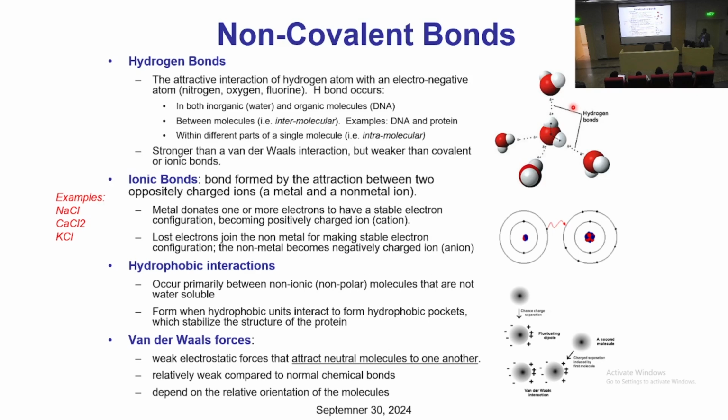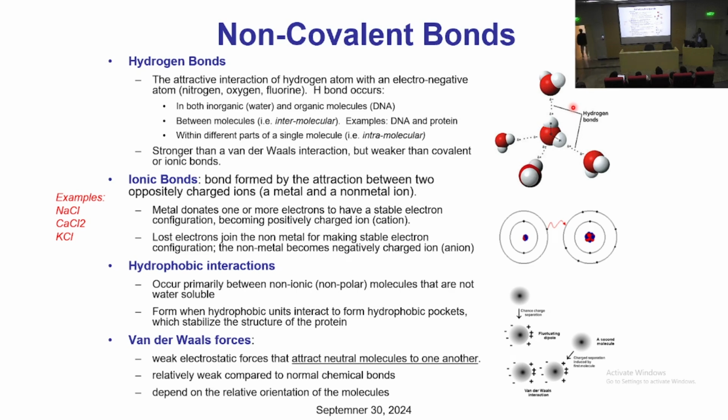The other type of bond is the ionic bond. The ionic bond basically is formed by attraction between two oppositely charged ions. One of the atoms donates an electron to become stable, as we have seen in the previous example with sodium. It donates one electron to become stable, so the outer shell of the sodium will become 8.